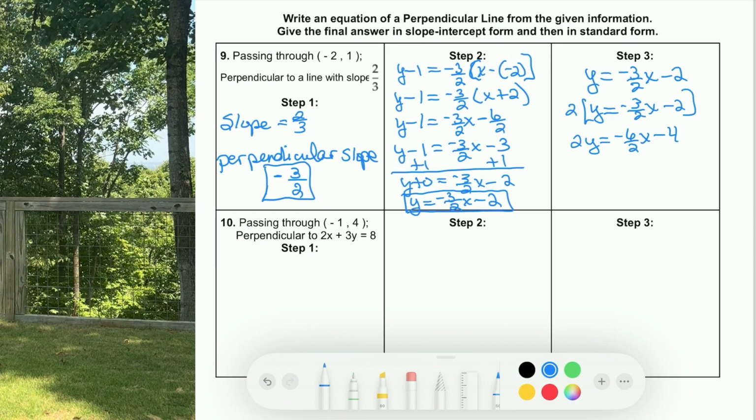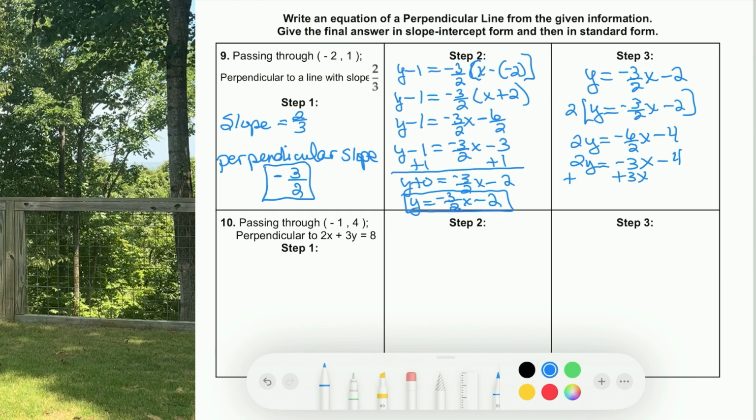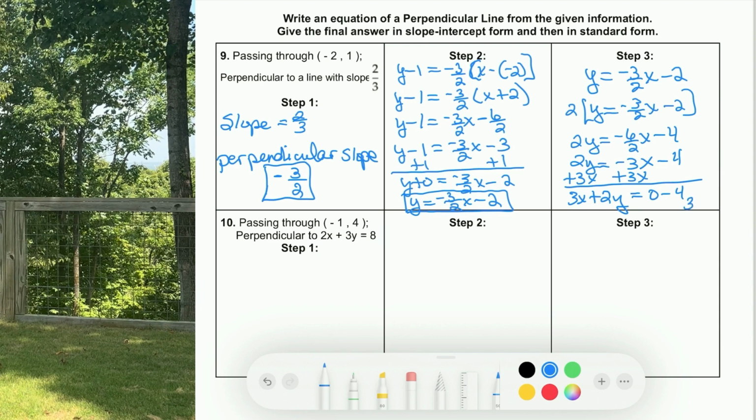I can reduce that fraction. 2y equals negative 3x minus 4. Now I'm going to add the 3x to both sides. End up with 3x plus 2y equals 0 minus 4. So my answer is 3x plus 2y equals negative 4.